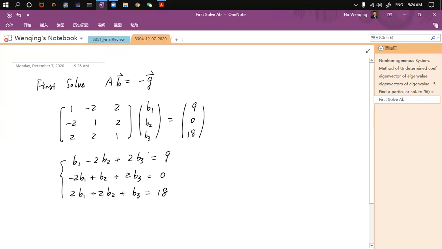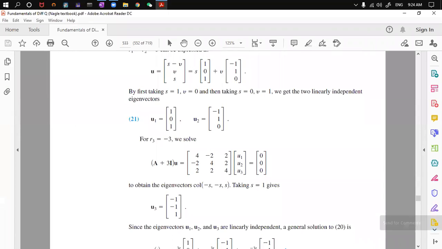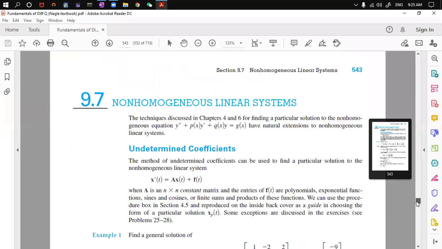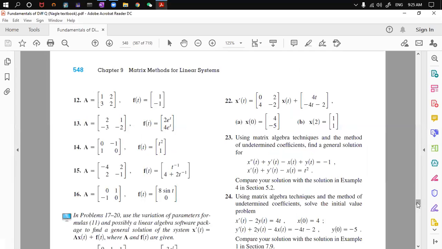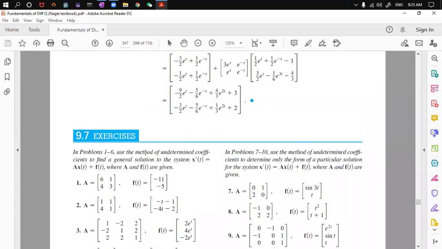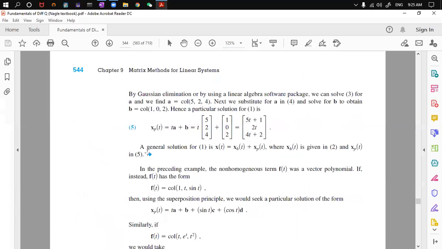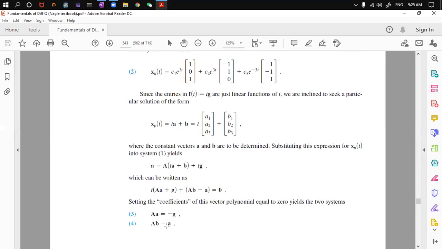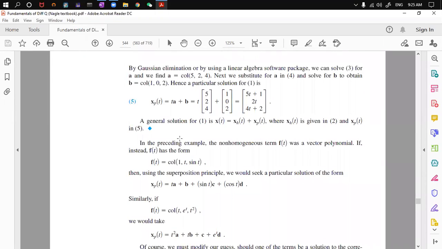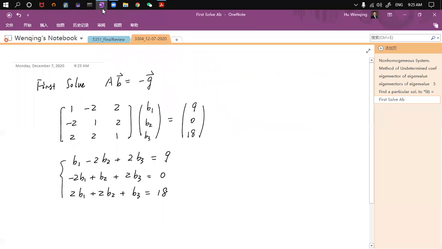So you can see that we can try to solve such a system, so that you can find these vectors.